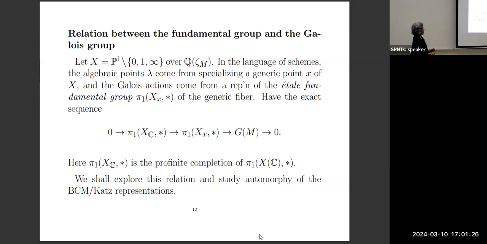And I think this morning John Voight will explain that being automorphic means its L-function agrees with the L-function of some automorphic form. Okay, so we are going to study that.